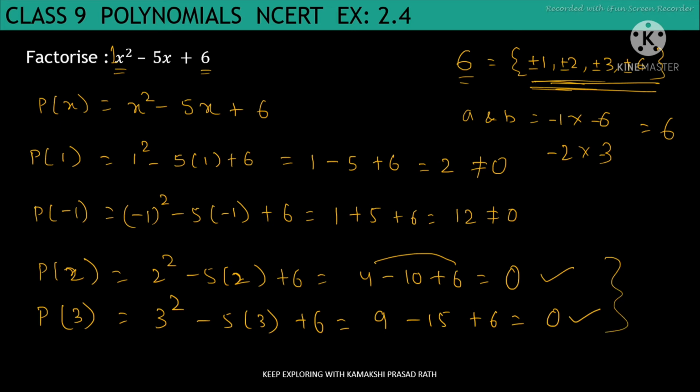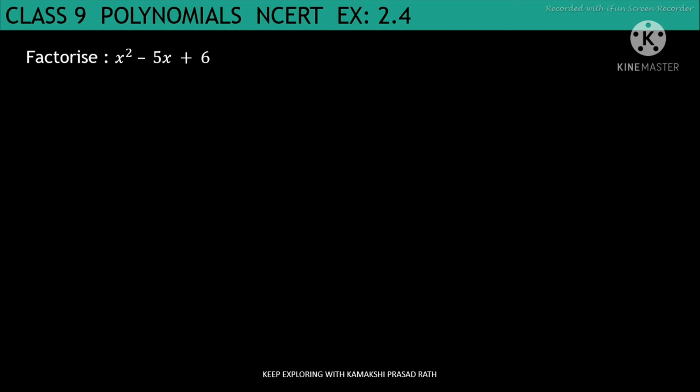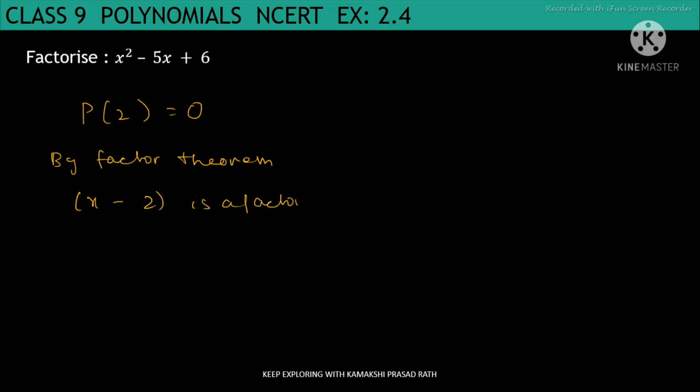So already we have got two options, and we want only two factors. So here we'll consider P of 2 and P of 3. Now we see here that since P of 2 equals 0, by factor theorem we can say x minus 2 is a factor, and since P of 3 is 0, we can say the same thing by factor theorem, x minus 3 is also a factor of P of x.